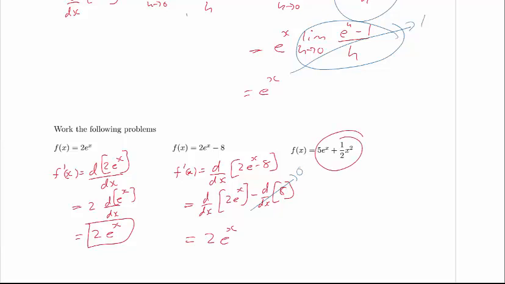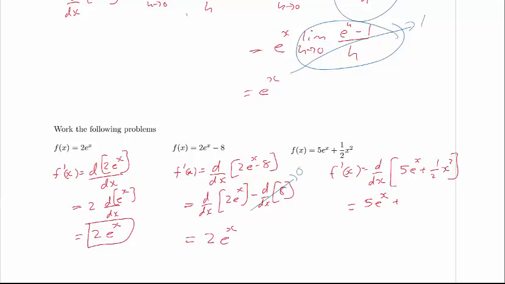All right, now for this one right here, f prime of x, the derivative with respect to x of 5e^x plus 1/2 x squared. Again, we break it up. 5e to the x is going to be simply its own thing.